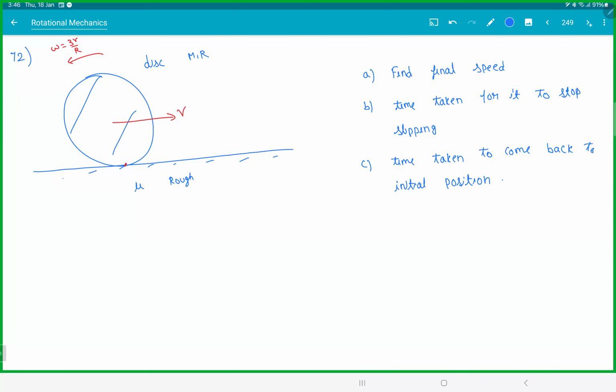So let's see how to do this. First part is fine. We can use angular momentum here, or I can use normal force equations also. But let's do with angular momentum, that saves time.